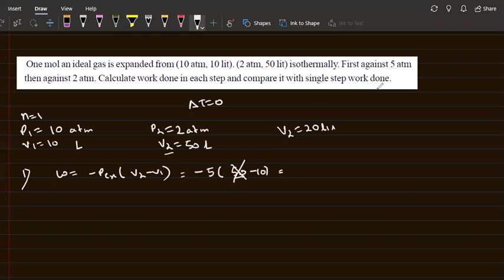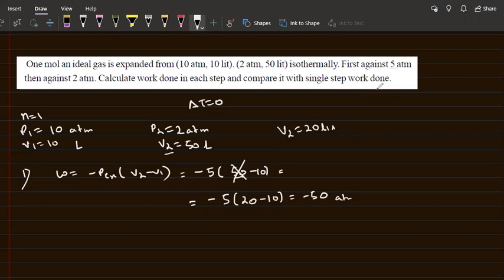I already told you that P external is P2 in an irreversible process. So if P2 is 5 ATM, then V2 should be 20 liter. So minus 5 into 20 minus 10, which is minus 50 ATM liter. Got it? Yes or no?